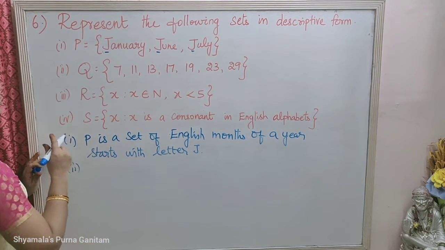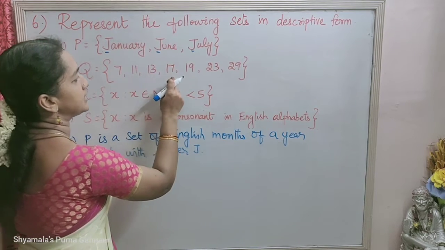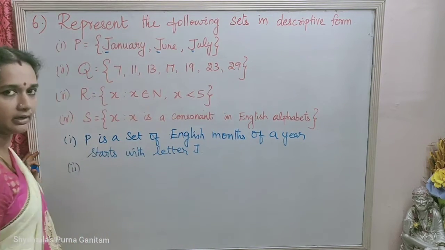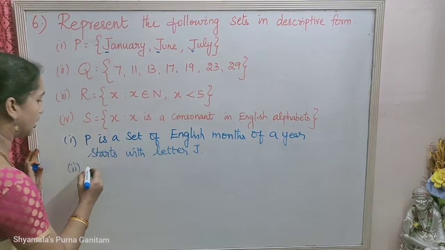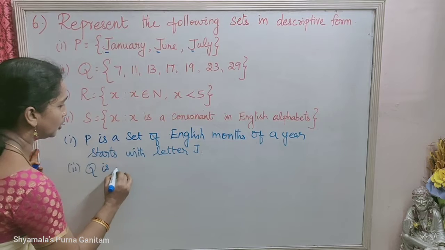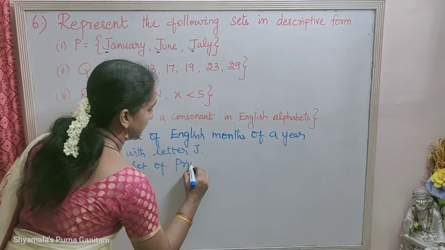Then the second one is Q is equal to 7, 11, 13, 17, 19, 23, 29. What are these? These are all prime numbers. So Q is a set of prime numbers.